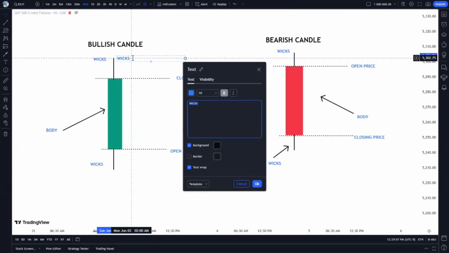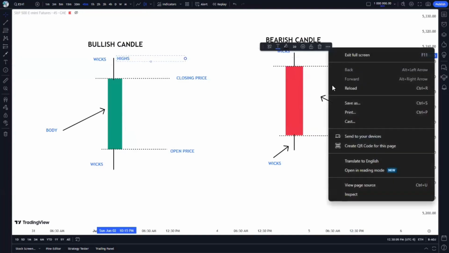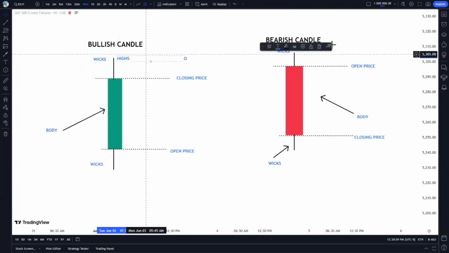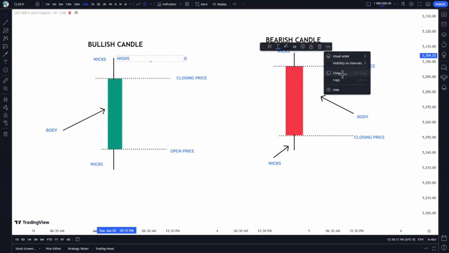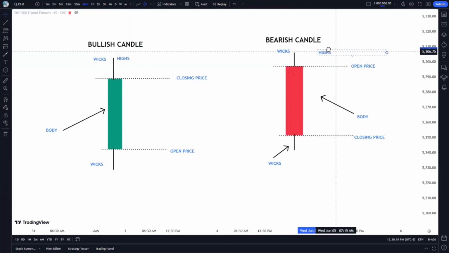And the highs and lows wouldn't change. The high is always at the top and the low is always at the bottom. It doesn't matter which of the candles, whether bearish or bullish, the high is always at the top and the low is always at the bottom.